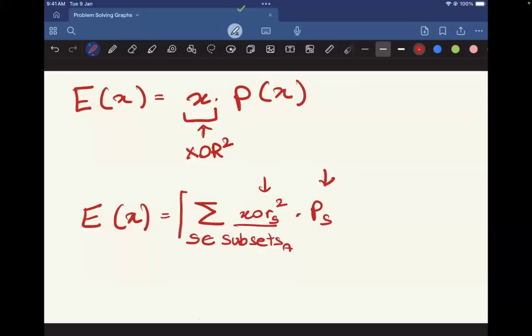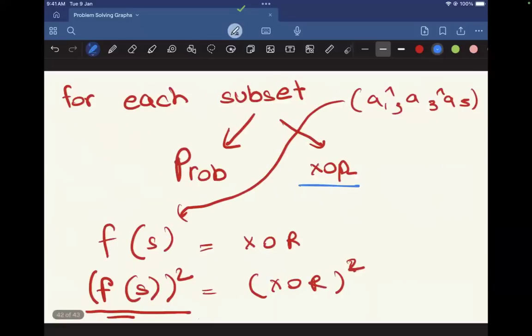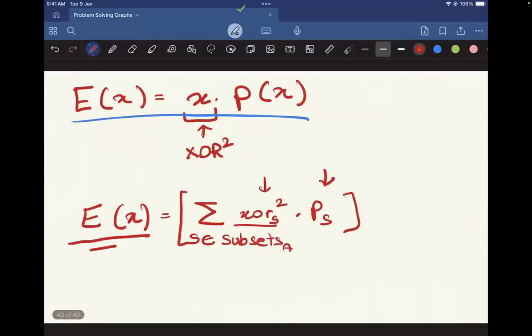So if we add this over all subsets, we would get our expected value of x. Because we have this formula, for one subset, if we have XOR and its probability, we just multiply this and we get the expected value for this subset. So we just add it for all subsets and we get the expected value of X. Correct?